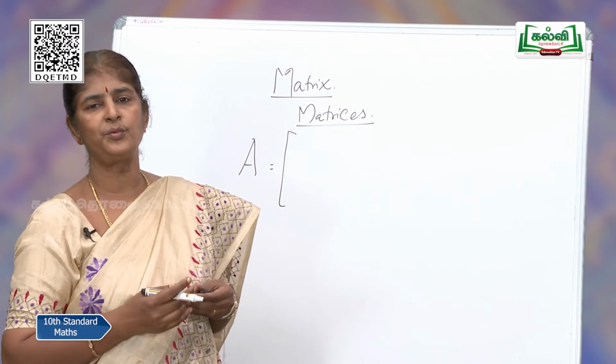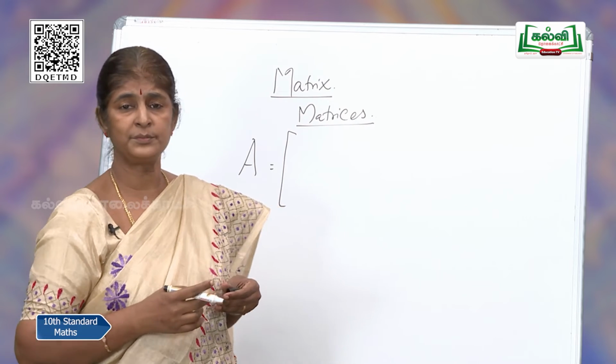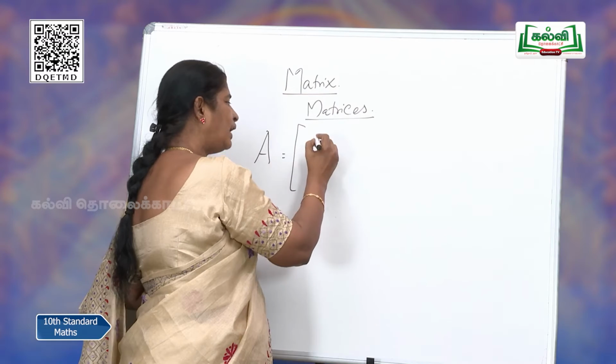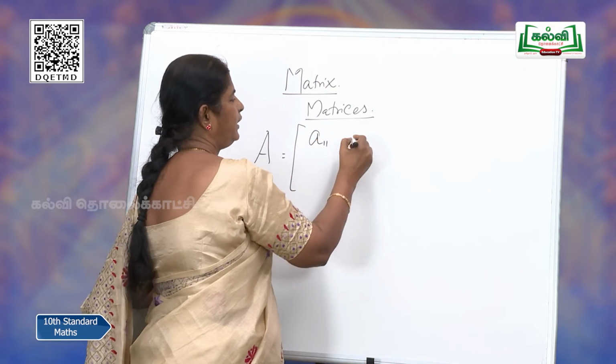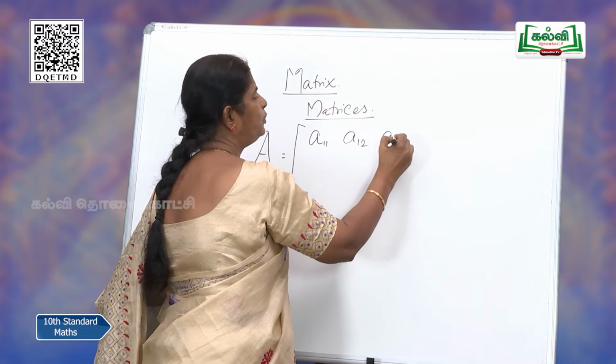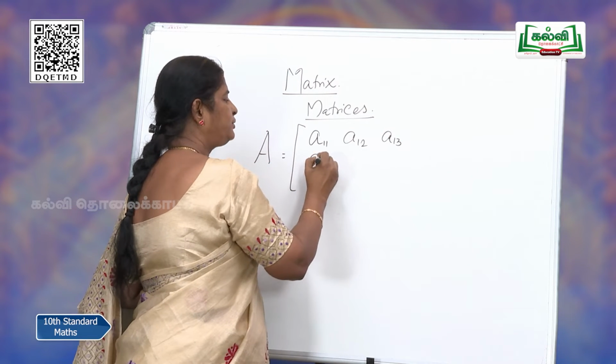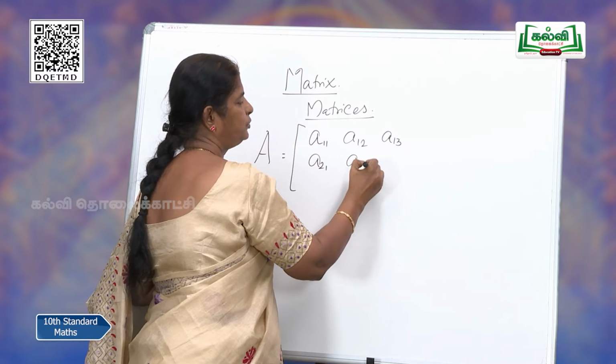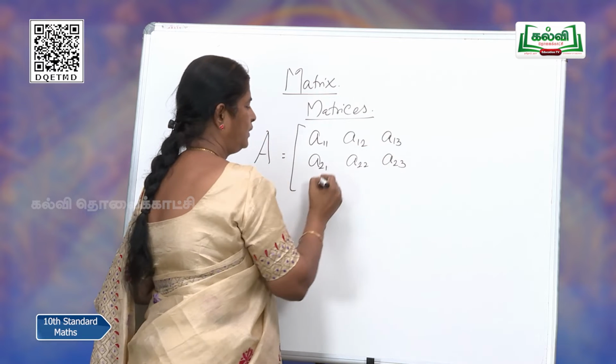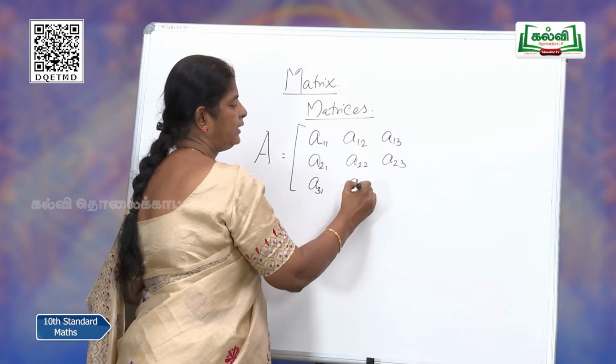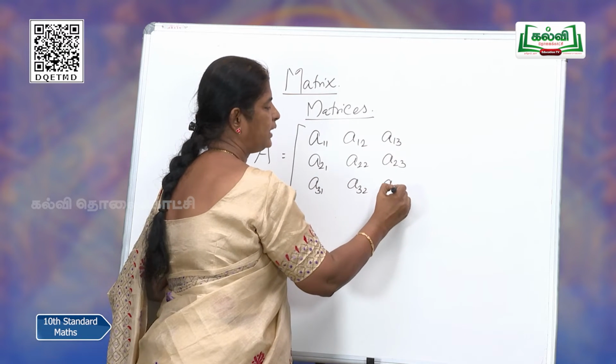If you have elements A11, A12, A13, A21, A22, A23, A31, A32, the last one is A33.